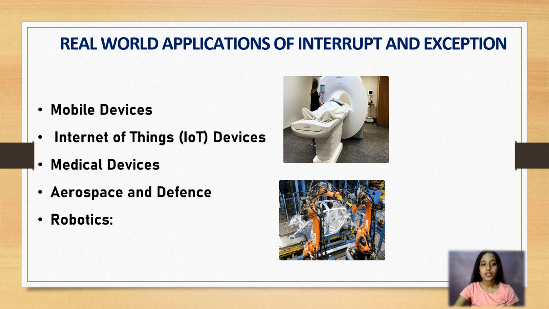By this, the interrupts will be handled efficiently. Now let us see some real world applications where interrupts and exceptions are used. Mobile devices: ARM processors are mainly used in mobile devices, handling touch screen inputs, buttons like the volume buttons, and incoming call notifications.